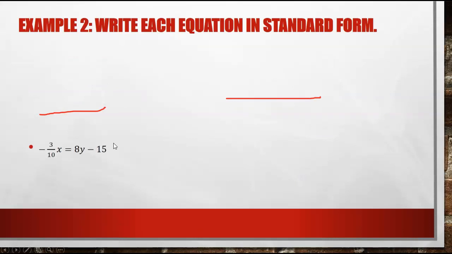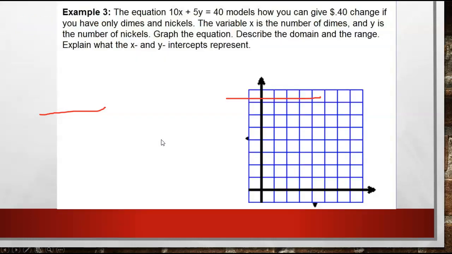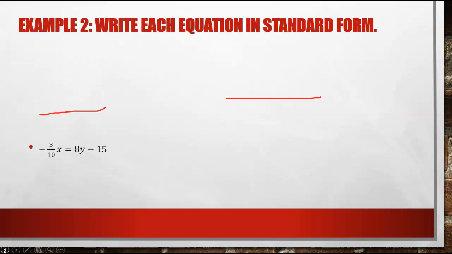I'm going to screen. So in that first example on that page, you have the 3x minus 6y minus 9.